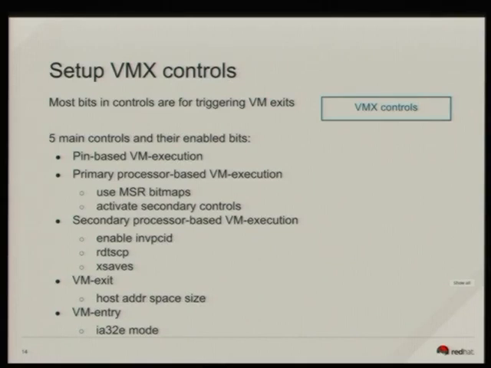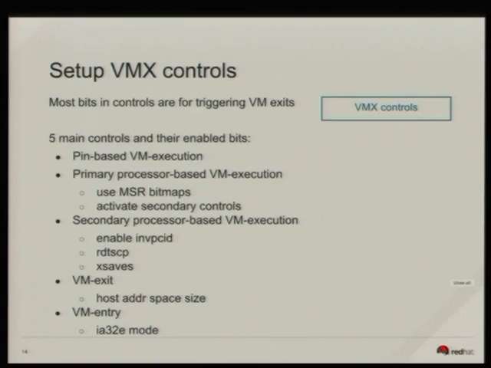And in secondary controls, we can enable 3 instructions. It's INVPCID, RDTSCP, and XSAVES, which save the FPU state. And if we didn't do that, then these instructions would VM exit, and we would have to emulate them in the host.